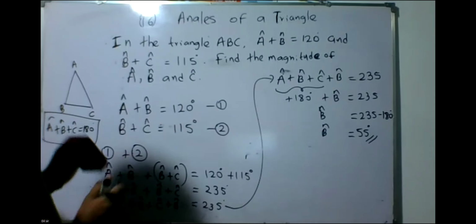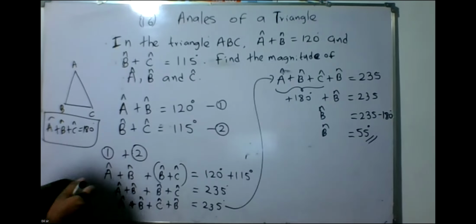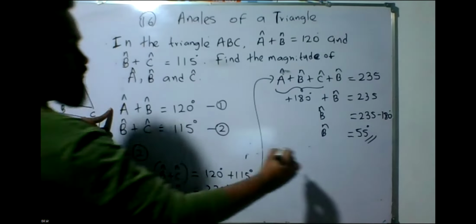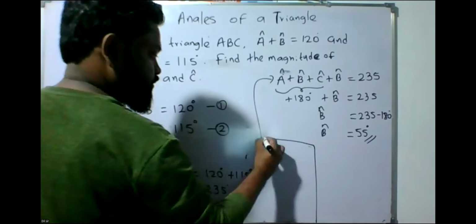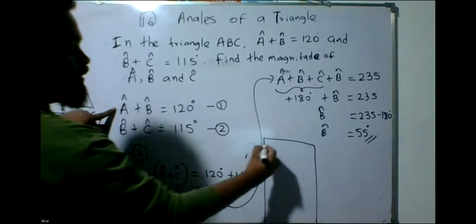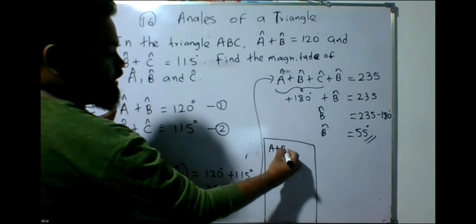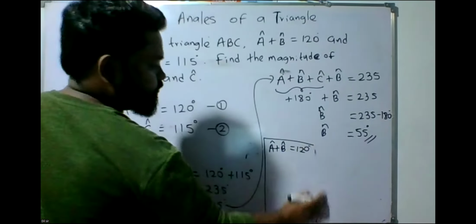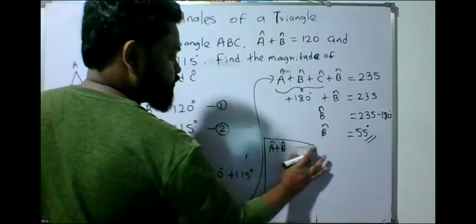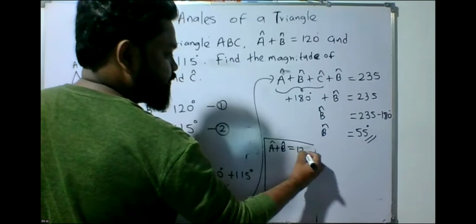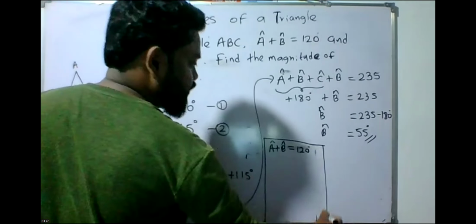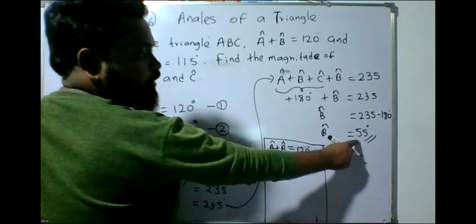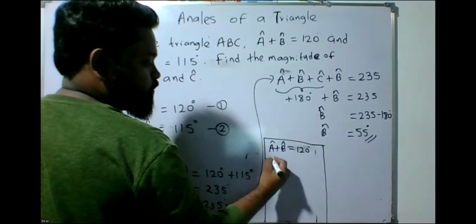This is a very nice question. Now using the first equation: A plus B equals 120. The sum of A and B is 120. Now we have the value of B, which is 55.